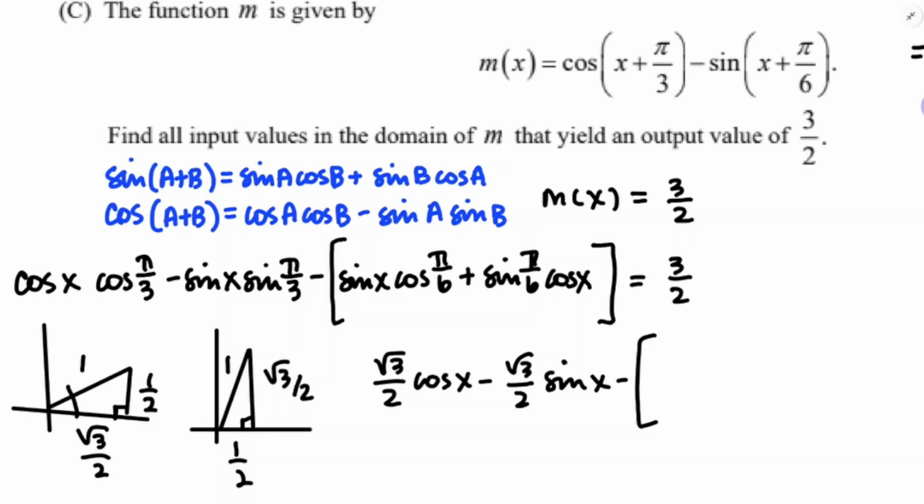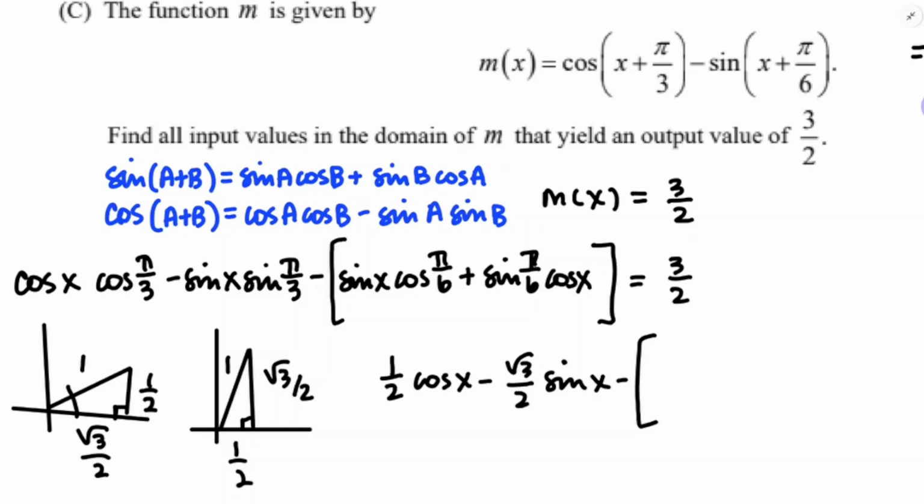I need cosine of pi over 6. Wait a second, I did something wrong here. Oh no, it's that first one. That should not have been a root 3 over 2. Cosine of pi over 3 is a half, yeah. That was erroneous. Let me make sure I did that one right. Sine of pi over 3, yeah. Okay. I was just looking at the diagram on the left. I should be looking at the diagram on the right.